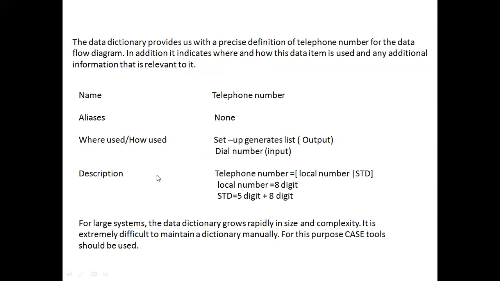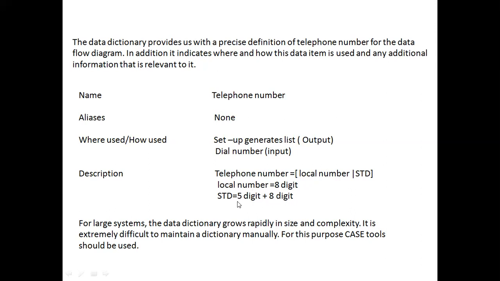Description: what description does this telephone number have? Telephone number is whatever local number or STD number. A local number is an 8 digit number. An STD number can have 5 digits plus 8 digits.